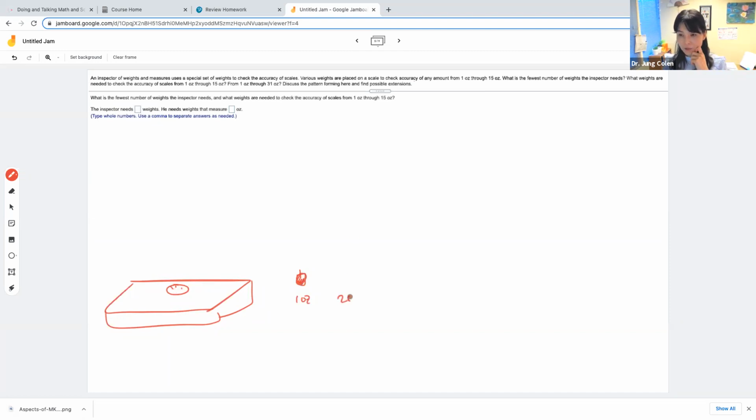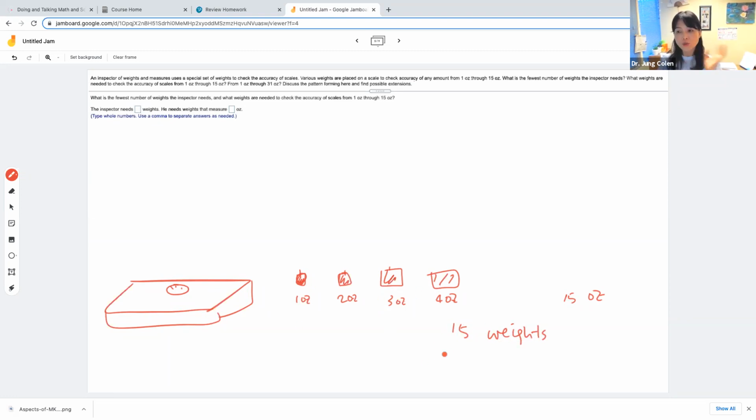And if you have a 2 ounce weight, you can use that too to check 2 ounces, and a 3 ounce weight, a 4 ounce weight. You can do that. However, in that case, it's not the fewest number of weights, because then to check 1 ounce through 15 ounces, you need to have 15 different weights to use, right?